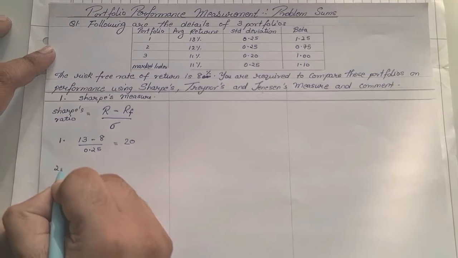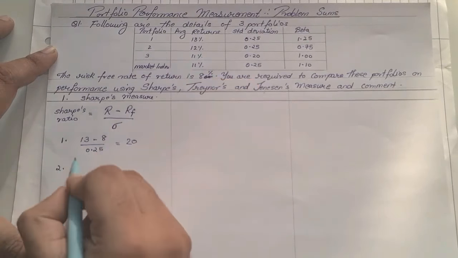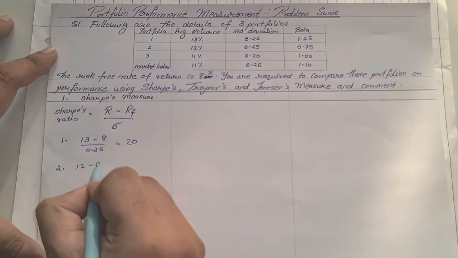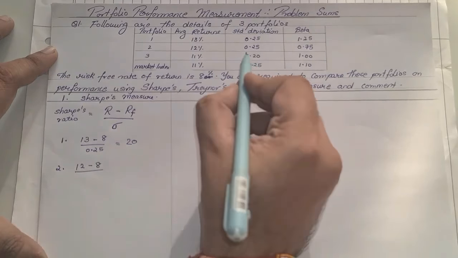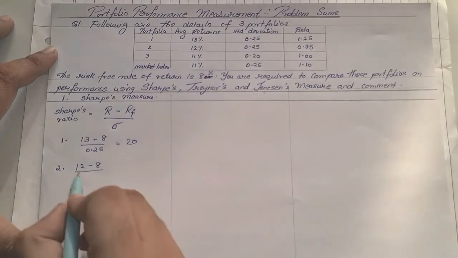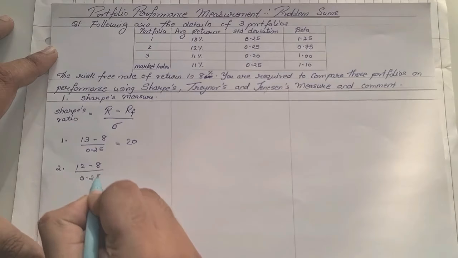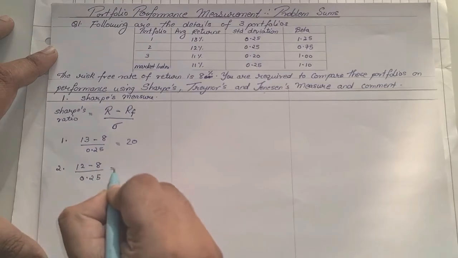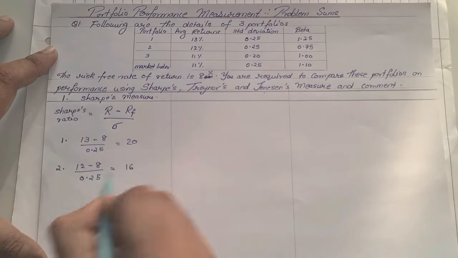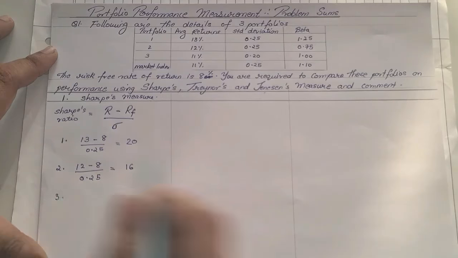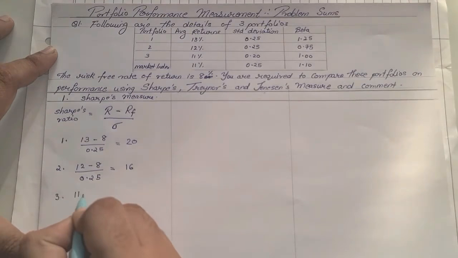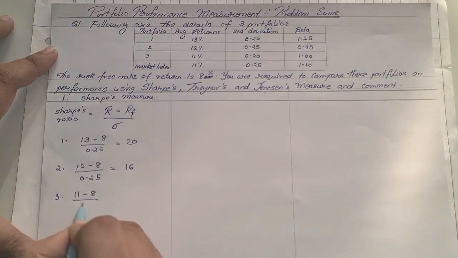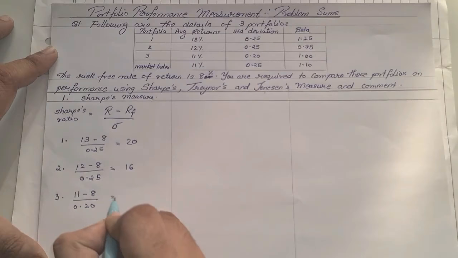Similarly, for portfolio 2, it will be average return, which is 12 minus 8, divided by, again, the standard deviation 0.25. So 4 divided by 0.25, the value we'll get is 16. And for the third portfolio, it would be 11 minus 8 divided by 0.20, which comes to 15.